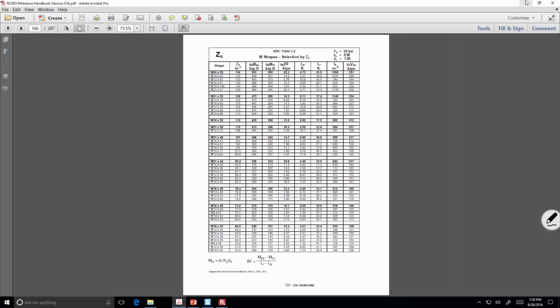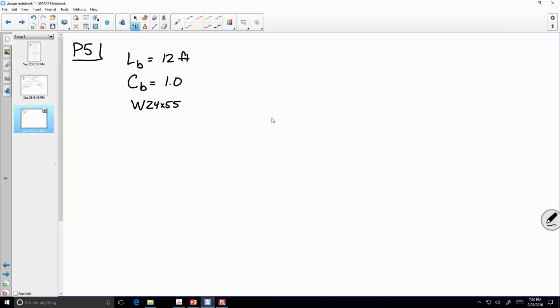All right. I mean, there are some shortcuts that I could show you all. I don't want to get too deep into it because I don't want to lose you in the world of steel design if you haven't had the course. So I'm going to show you a sort of roundabout way to compute some of this. So I propose your capacity expression, Mn, is going to equal the following.